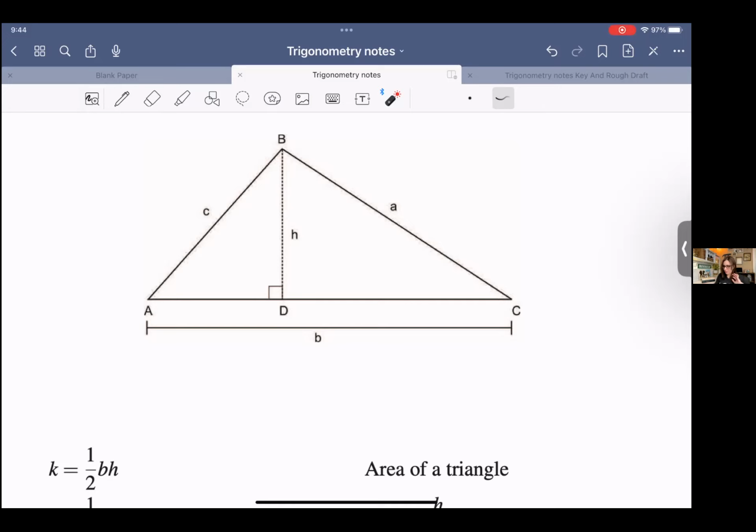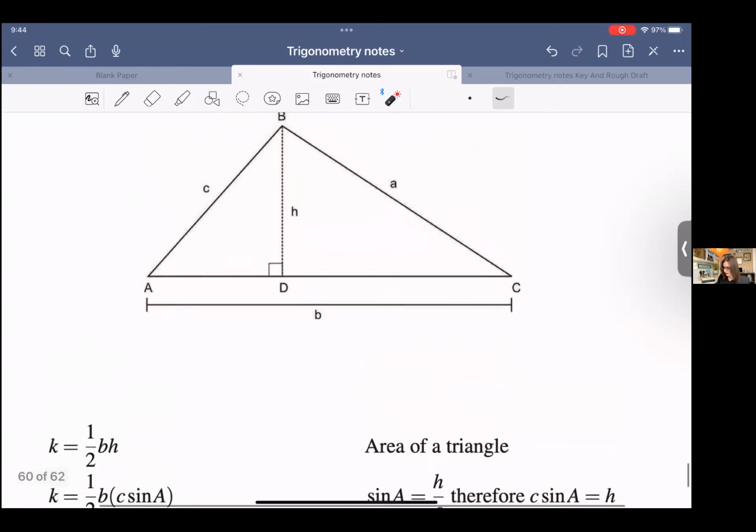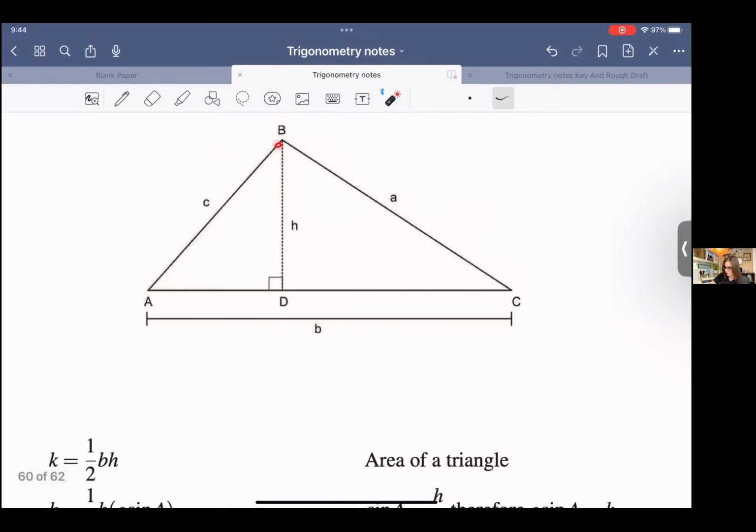So we can use the existing formula for area, and we're going to call it K in this case. The height can be found using this smaller right triangle.